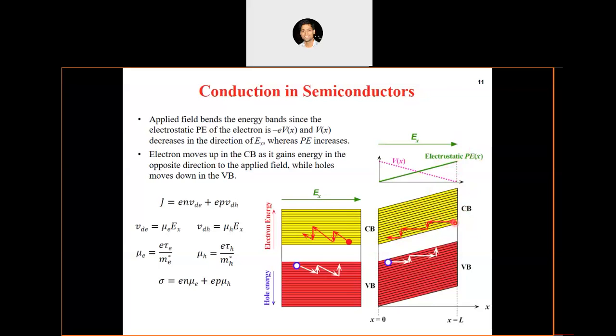If you plot this for a hole, because for a hole the electrostatic potential energy should decrease in the direction of x, isn't it? So in that case it will look different. And you can see from this figure that when the hole is moving, it is moving from higher energy to a lower energy, because its potential energy should decrease in the positive x direction. Okay, because it is moving in the positive x direction.